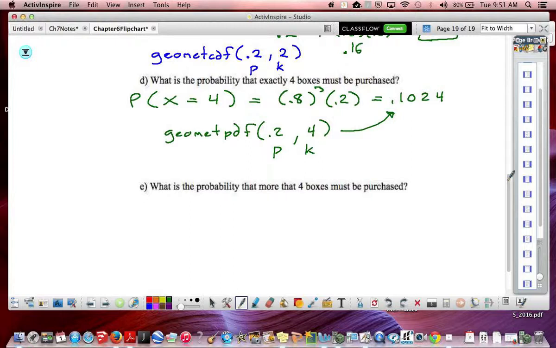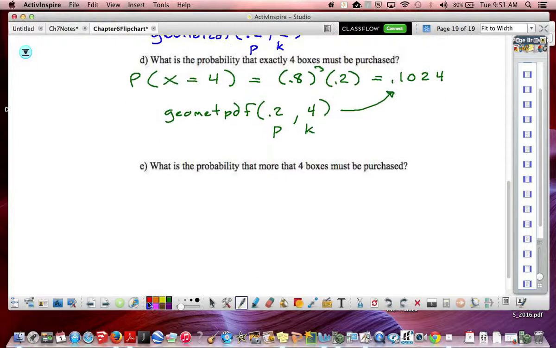All right, last one. What's the probability that more than 4 boxes must be purchased? So I'm looking at, well, what's the probability that x is greater than 4? I'd have to calculate out 4, 5, 6, 7, 8, 9, 10, all the way to infinity.